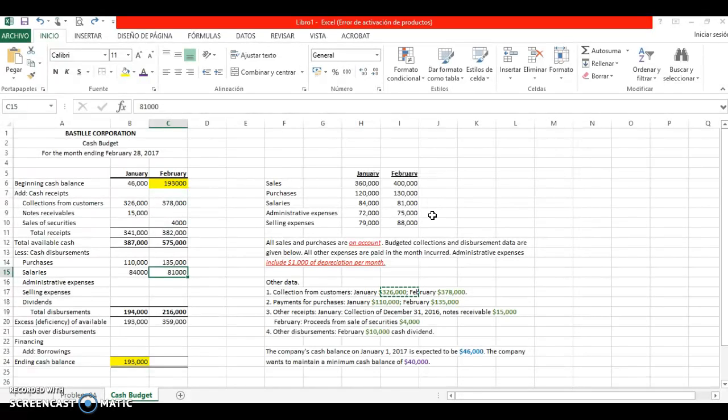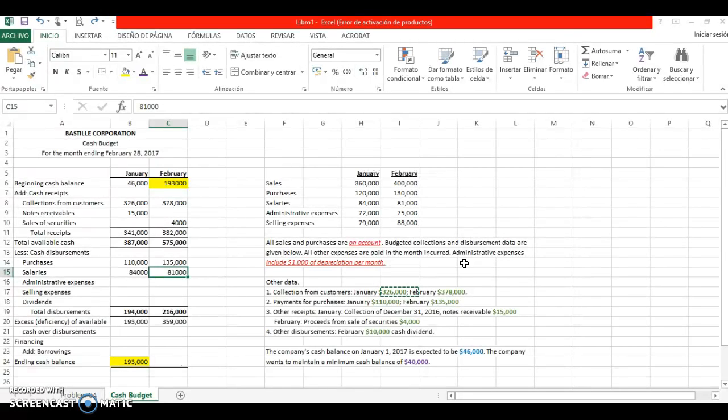Administrative expenses, we're told that there's $72,000 and $75,000. However, it says administrative expenses include $1,000 of depreciation per month. Now, in cash disbursements, we're not going to include the depreciation since the depreciation expense does not use cash.